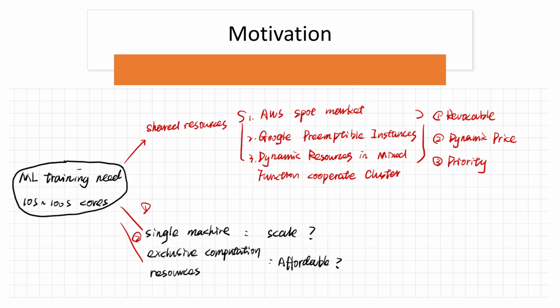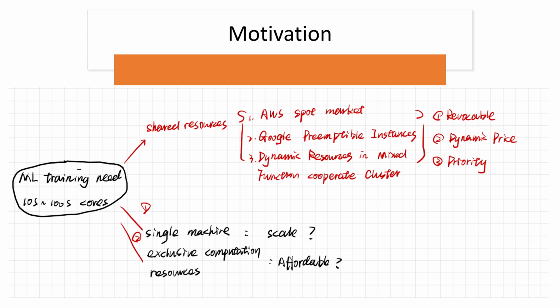Given the high demands of the machine learning training process, most of these applications use tens to thousands of cores. So it could cost months to years to train a large model on one machine. We can see it's clearly not applicable. The second solution is that we might get some exclusive computational resources.